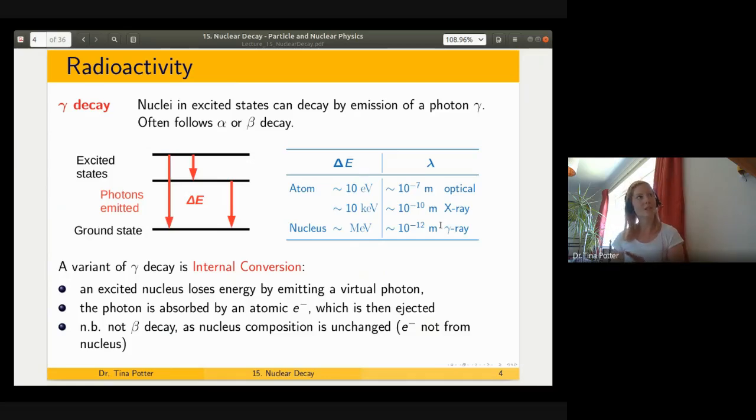But it's not beta decay. With beta decay, we have a change in the composition of our nucleus. A neutron is changing into a proton, or a proton is changing into a neutron. Here, the nucleus composition is left unchanged. It's just dropping from an excited state down into its ground state. So internal conversion is when an orbiting electron absorbs the high energy gamma ray and is then kicked out.